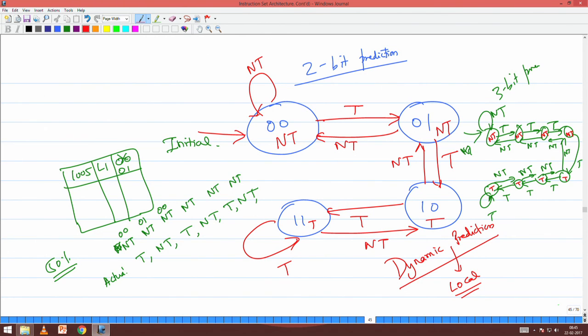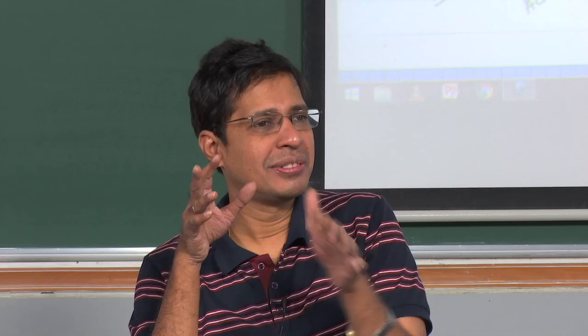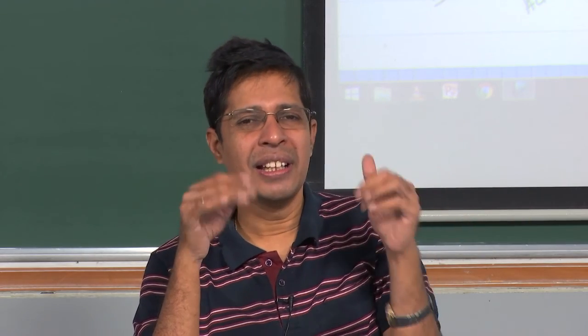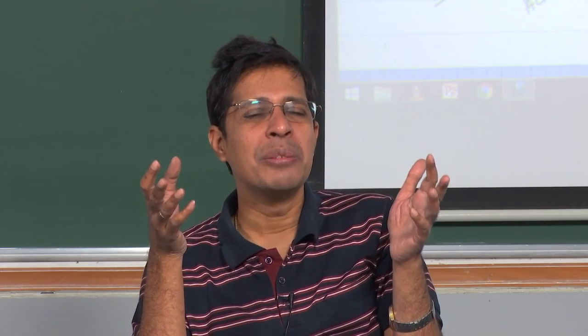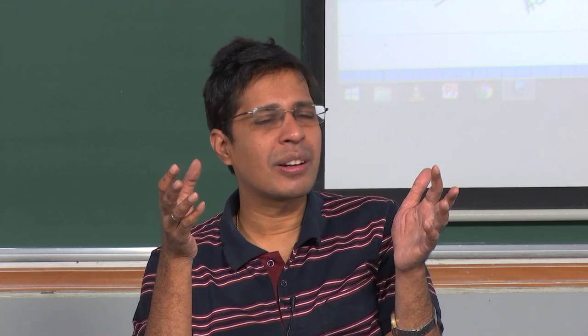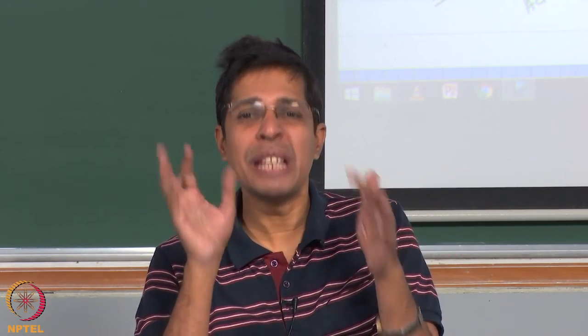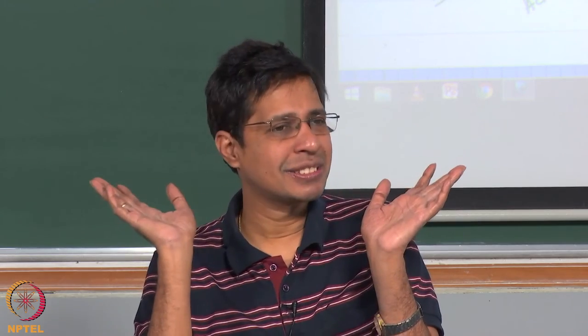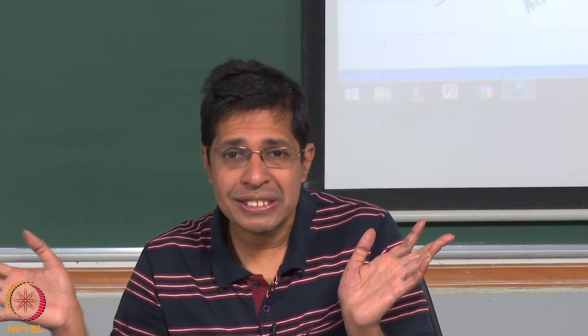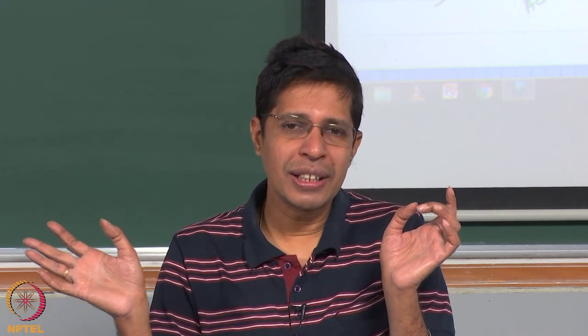The decision is made based on the behavior of that branch. The prediction decision for a branch is made based on the behavior of that branch and not any other branch, right?